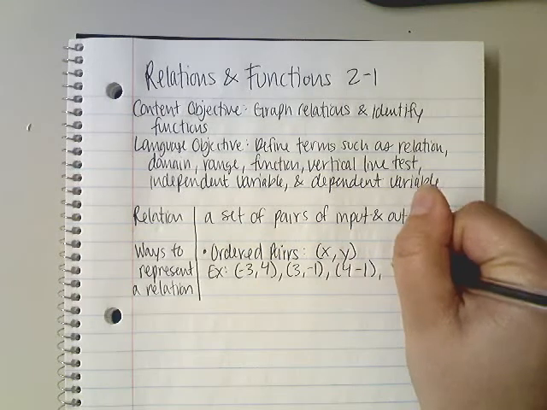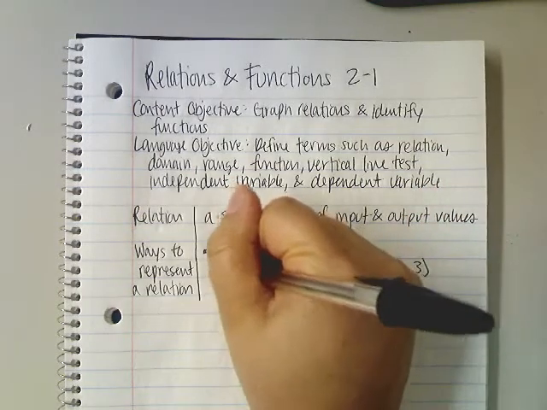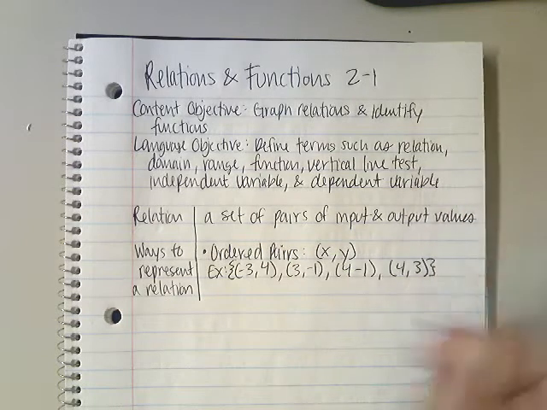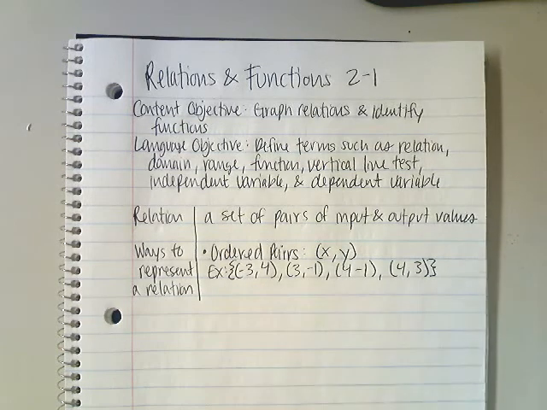Again, these numbers could be really anything. I'm just choosing the set that was in your book. I'm also putting brackets around it because it is a listed set of ordered pairs, but this is one way you can write or represent a relation, is through sets of ordered pairs like this.